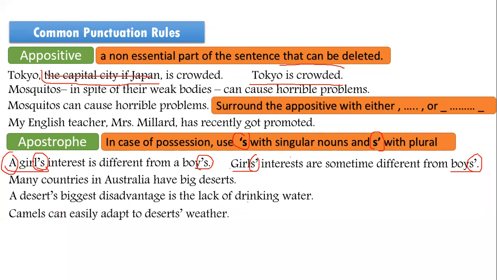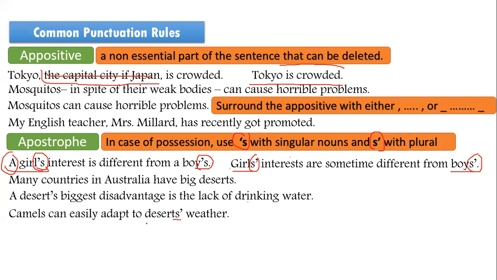Now look at this example. Camels can easily adapt to deserts' weather. Is this correct now? Is the apostrophe or S apostrophe here correctly used? Let's discuss it together.